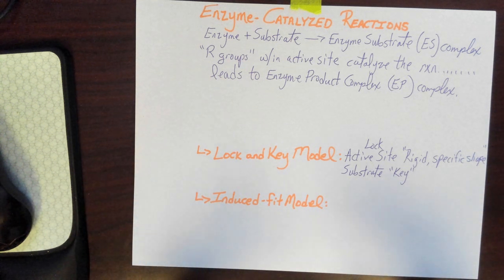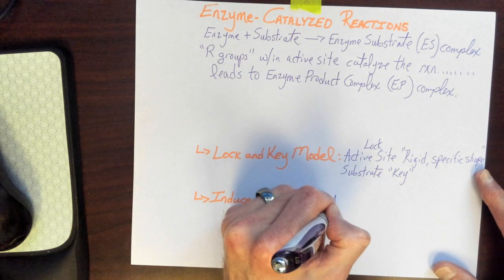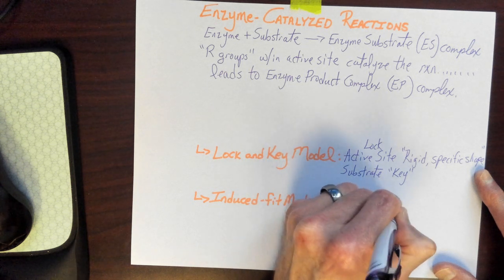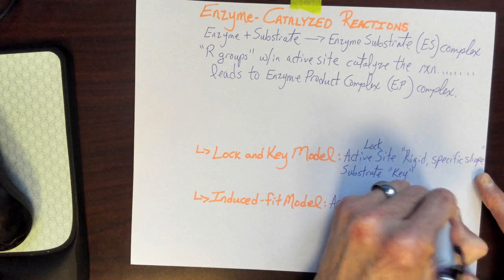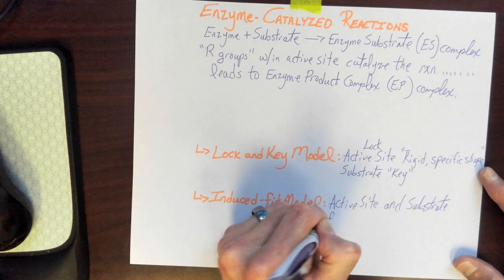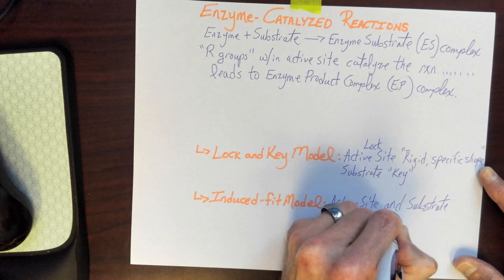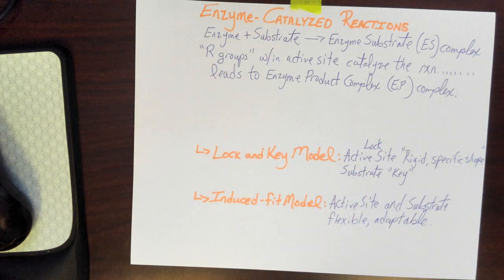So here in the induced fit, we can look at it as being the active site and substrate are more flexible, adaptable, okay, adaptable, to induce the fit, to create the right shape, the right size.